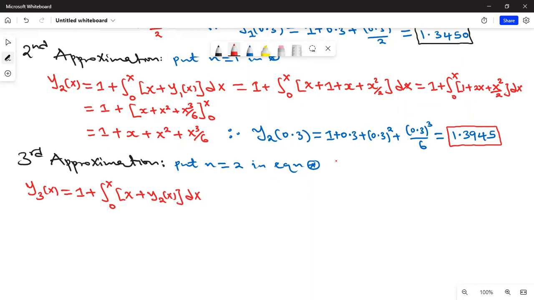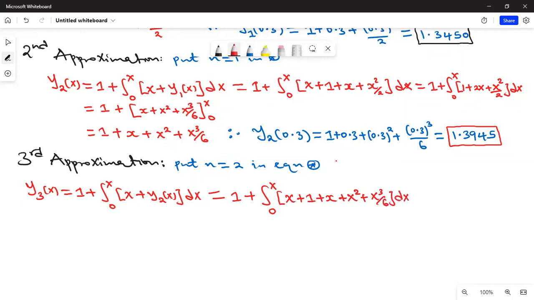And we know the expression for y2 as a function of x, so we can replace it, add it to x. This can be written now as 1 plus the integral from 0 to x of x plus y2, where y2 was 1 plus x squared plus x cubed over 6 dx.